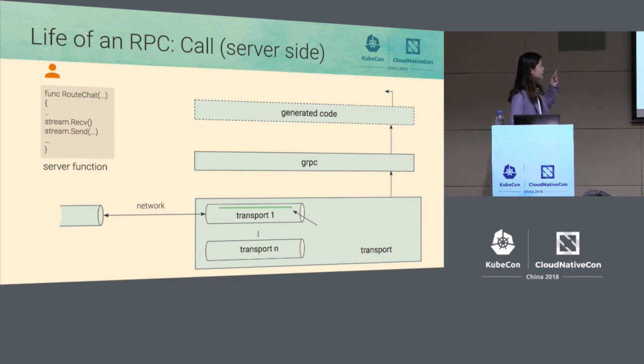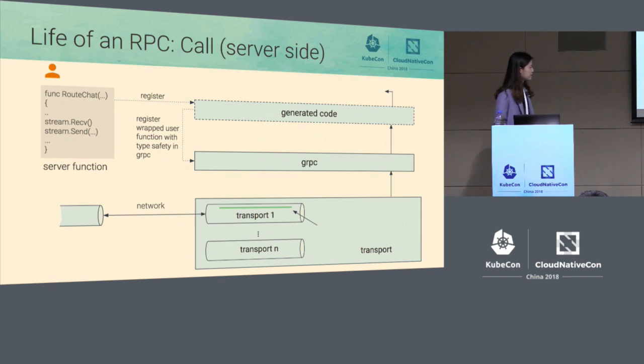So the user will write a user function based on the interface defined by the generated code and register the function with the generated code, and then the generated code will create a wrapper around the user function to provide type safety and register the wrapped handler in gRPC.